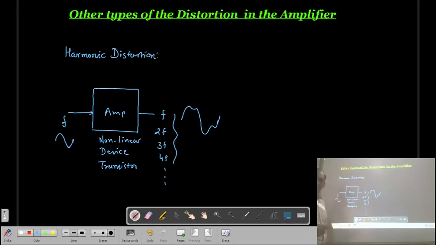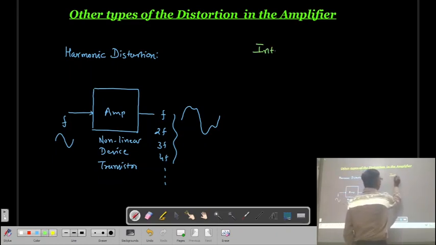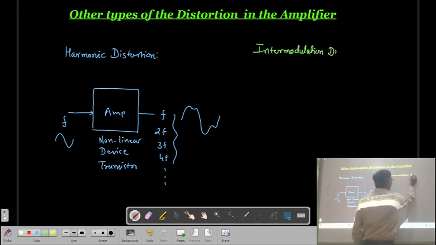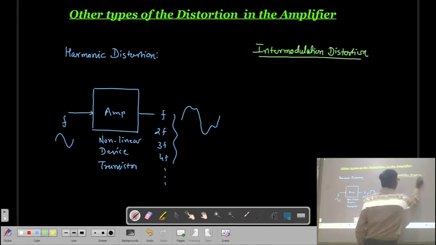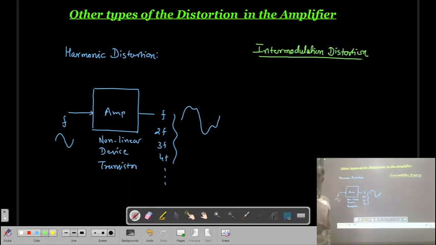Now, another type of distortion in the amplifier circuit is called intermodulation distortion. So let us see what intermodulation distortion is.